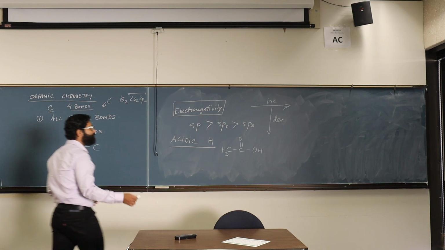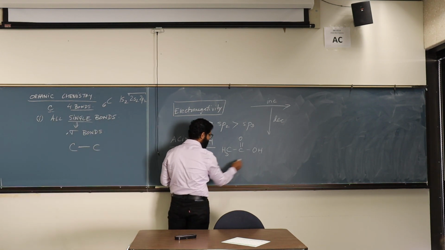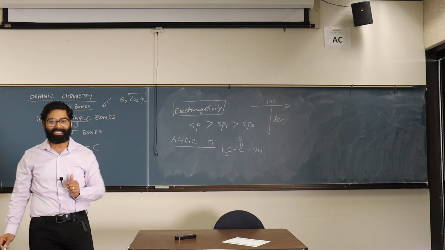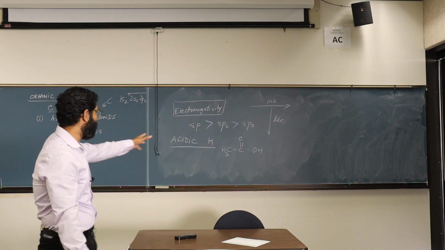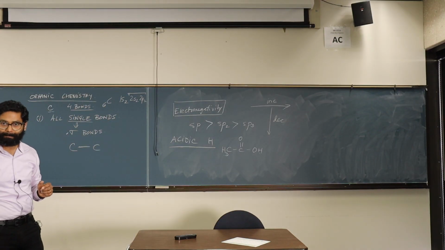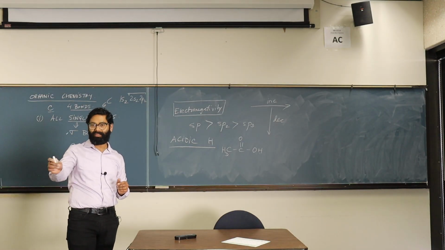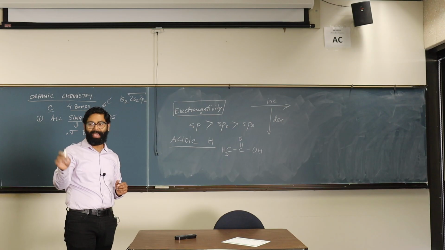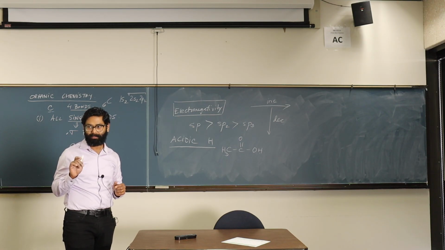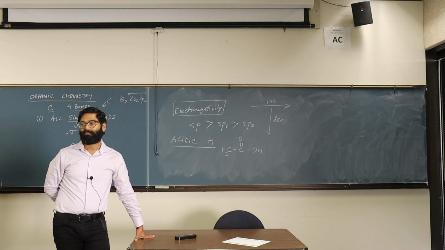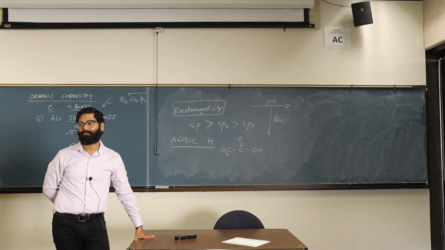There are two types of hydrogens in here. One hydrogen is this, the other hydrogen is this. My question is, which of them has an acidic nature? The one with the carbon or the one with the oxygen? The one with the oxygen. Why? Because oxygen has more electronegativity. So in the bond it can attract the electron, and the hydrogen can be lost, it can go away from the molecule.